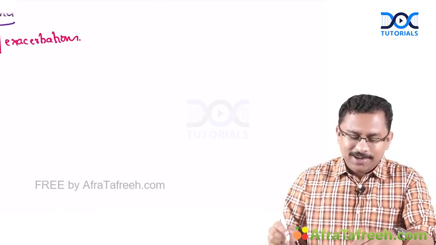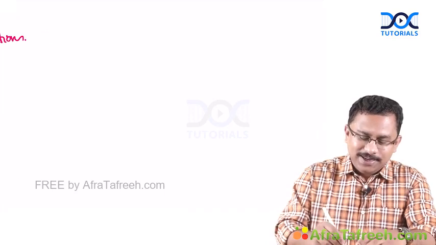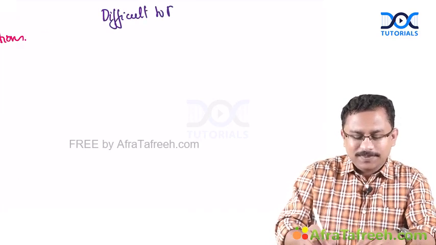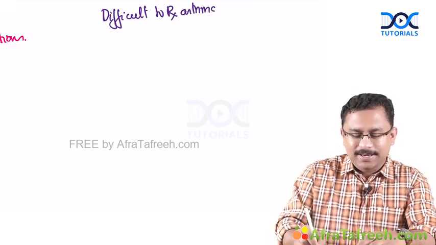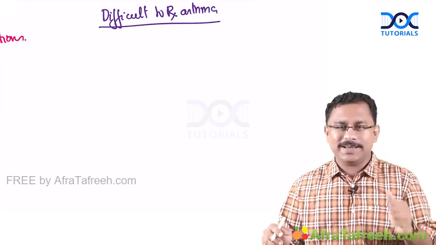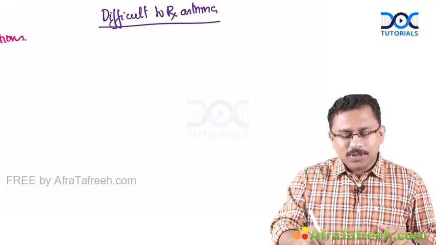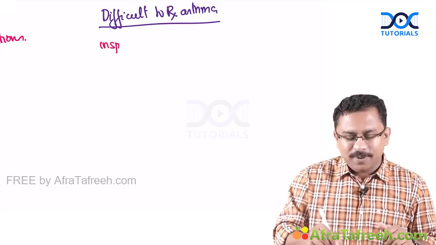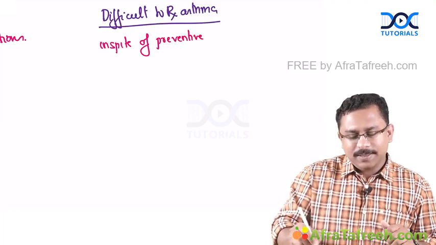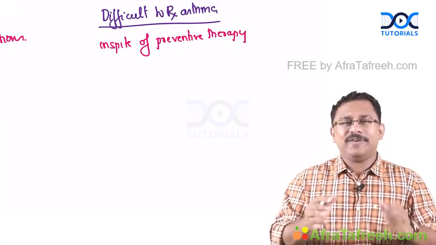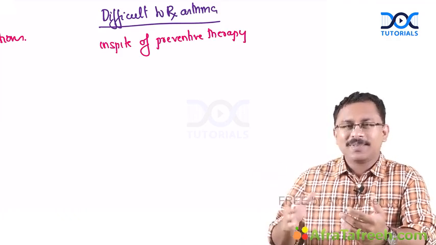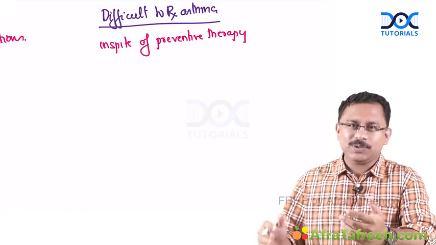Now next one after uncontrolled asthma is difficult to treat asthma. Now in this entity, again the individual is having frequent flare-ups or exacerbations, but this occurs in spite of preventive therapy. In fact, you have already given this patient a high dose inhaled corticosteroid LABA combination, but in spite of that he is having episodes.